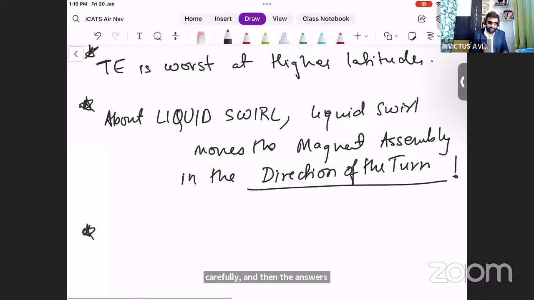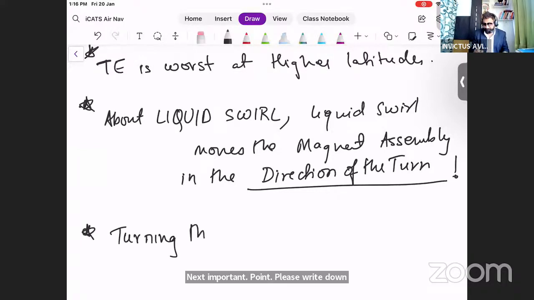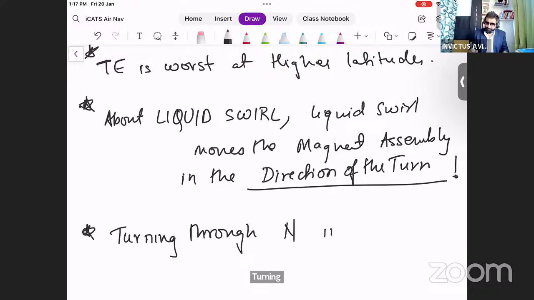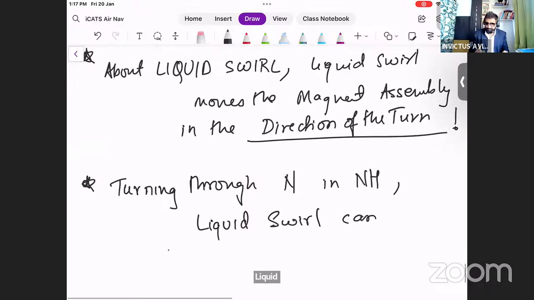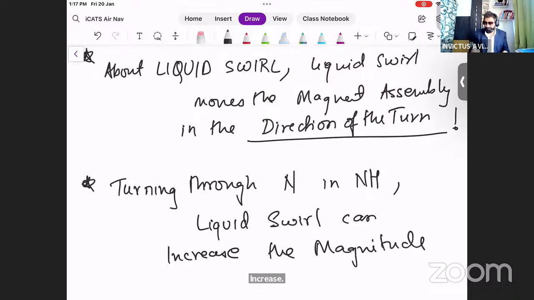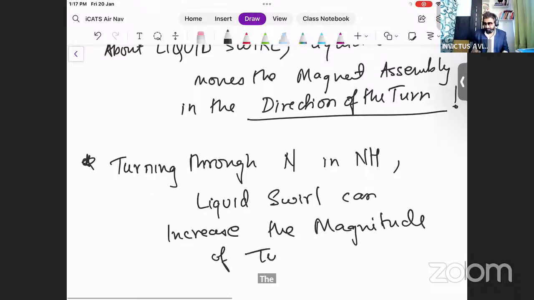Next important point, please write down. Turning through north in northern hemisphere, liquid swirl can increase the magnitude of turning error.